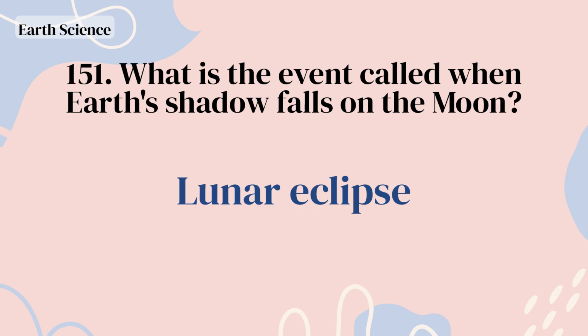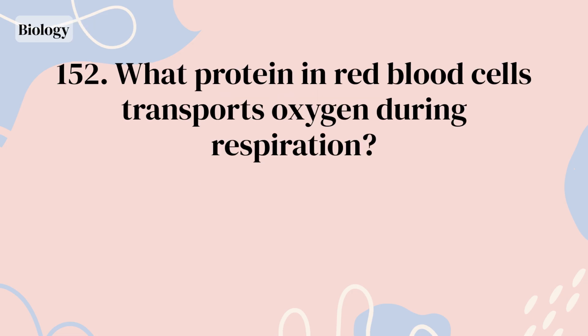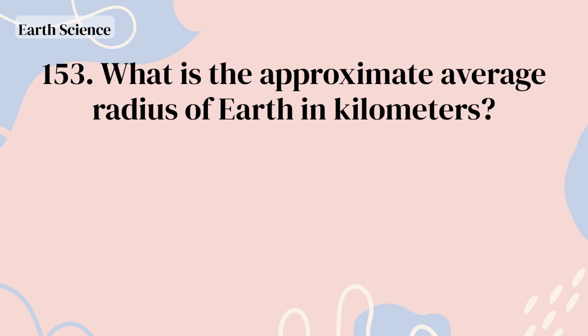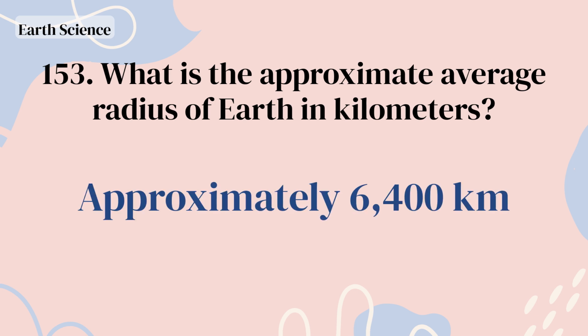Lunar eclipse. What protein in red blood cells transports oxygen during respiration? Hemoglobin. What is the approximate average radius of Earth in kilometers? Approximately 6,400 kilometers.